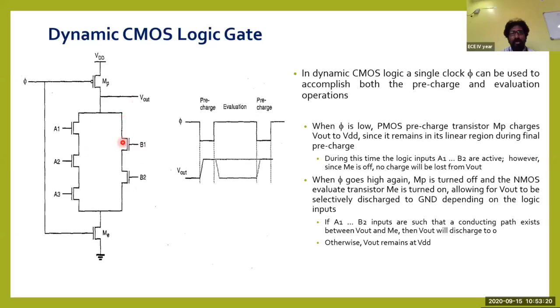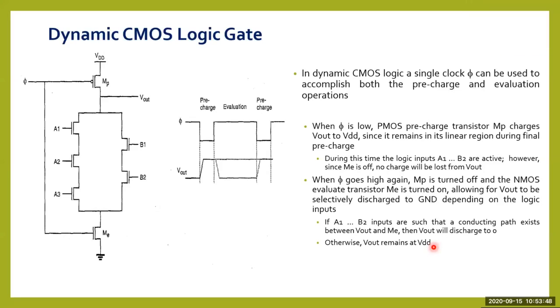There is no path, so you cannot expect the VDD, which is stored as output, to go to the ground. Because of that reason, the VDD cannot discharge to the ground because these both are off. Otherwise, the V out remains VDD. I hope your point is clear now.